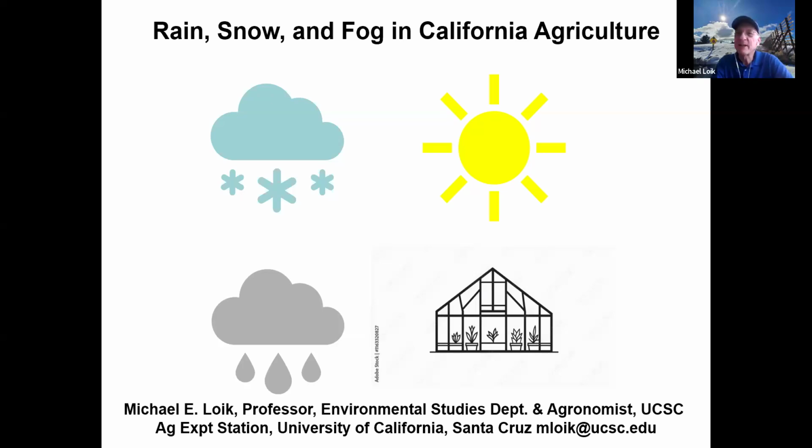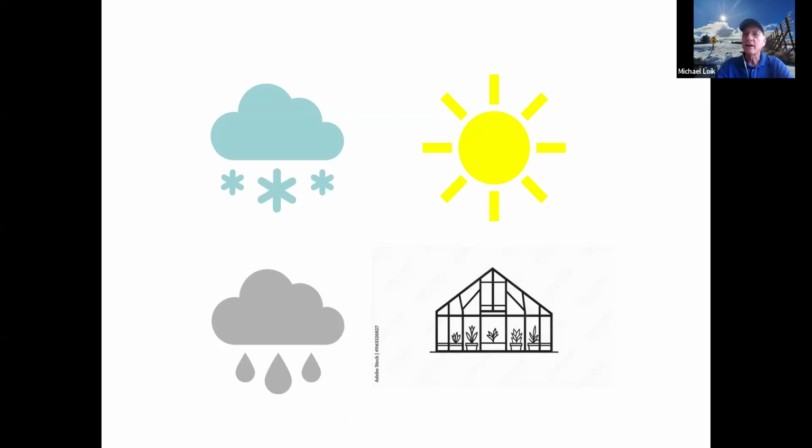All right, so I'm going to talk about some of my experiences working on plant productivity in different aspects of California and California agriculture in particular. I'm going to use this iconography to talk about 4 different aspects of my past, recent, and ongoing research. In the upper left, I'll talk about productivity and snow in grazed shrubland in Eastern California.